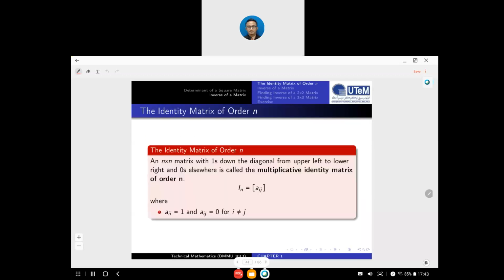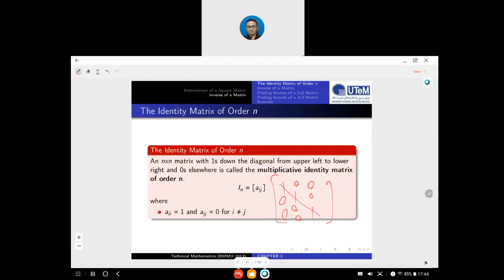So how to find the inverse of a matrix? In order to find the inverse of a matrix, first of all, you need to know what an identity matrix is. In an identity matrix, the diagonal of the matrix is equal to 1 and the rest is 0.